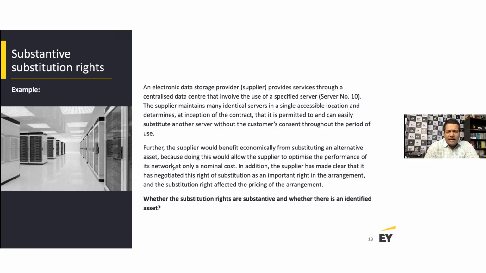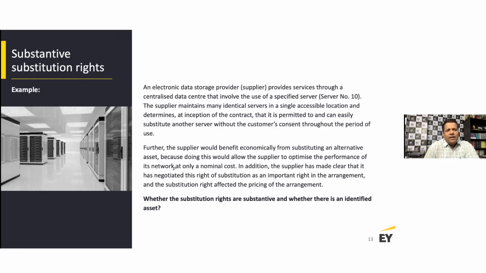The service provider has a number of servers, right? And the contract seems to suggest that the service provider can alter, at his convenience without obtaining your consent, and move your data from one server to another server to optimize the use of their own capacity, right?